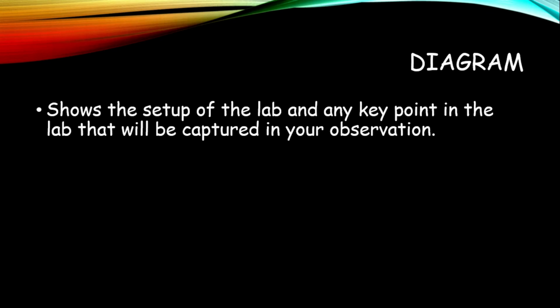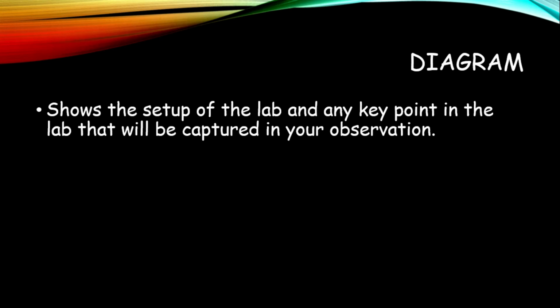All right. A diagram. Your diagram usually falls right after your procedure or in front of the observation, once you are going to be explaining things in your observation. So the diagram shows the setup of the lab and any key point in the lab that will be captured in your observation.